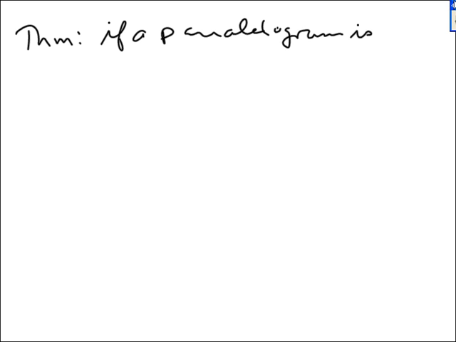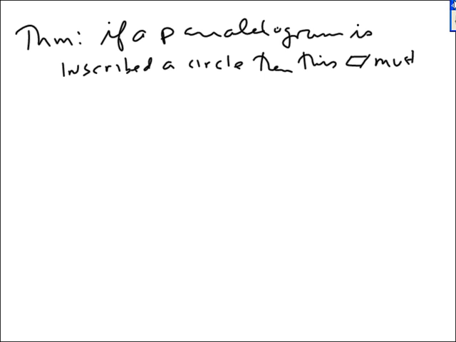Okay, so now we have another theorem. If a parallelogram is inscribed in a circle, then this parallelogram, that's the symbol for parallelogram, must be a rectangle.